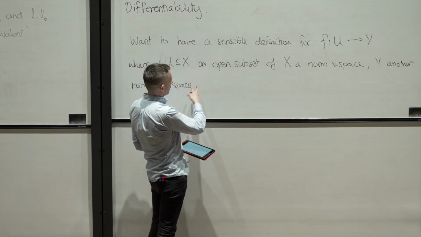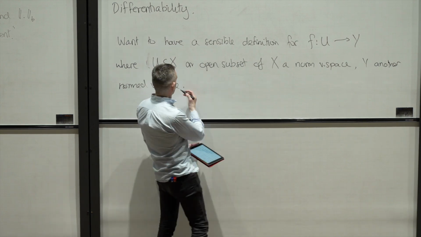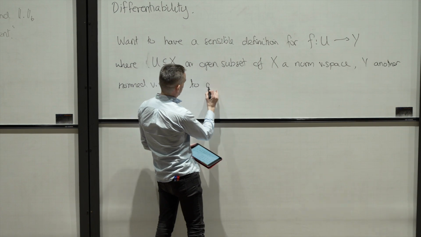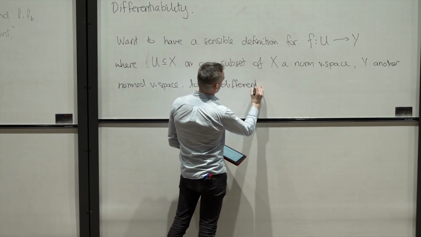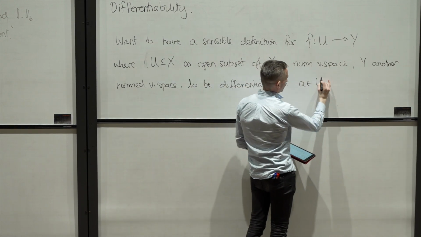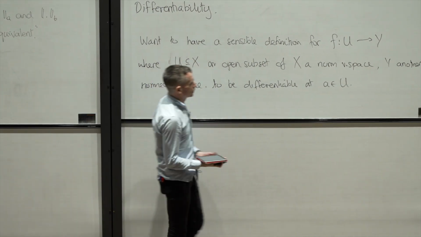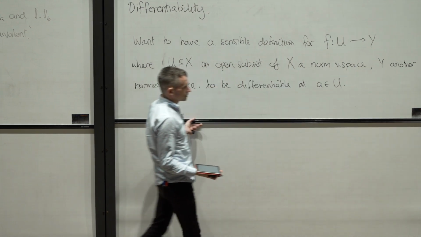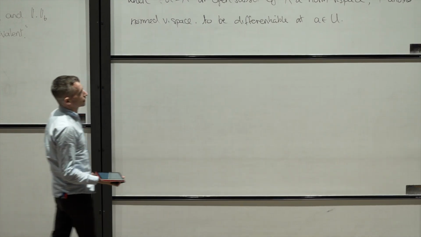But I want to know what it means for f to be differentiable at some point in its domain. And we'll take the domain to be open just so that at any point we know the function is defined in every direction nearby. So that's just a convenience for this setup.